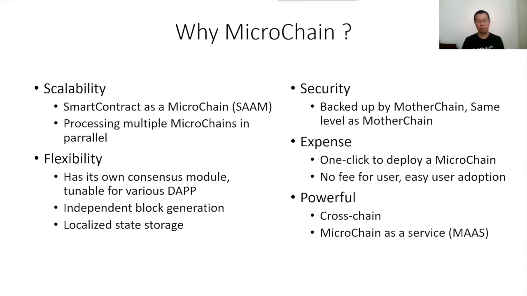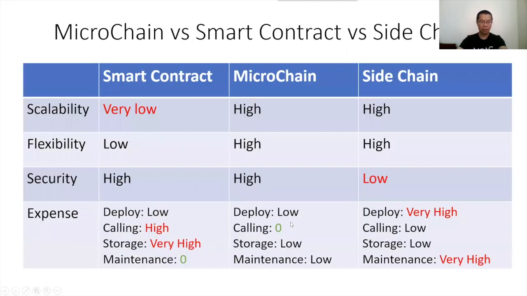The other side is it requires users to have Ether beforehand, which is a great demand on the user, meaning you will turn off all the users without any Ether. Also, as I said in the early slides, microchain has powerful features: cross-chain features and microchain as a service.